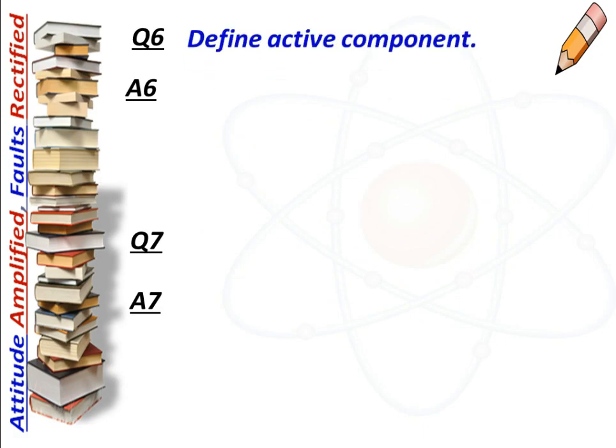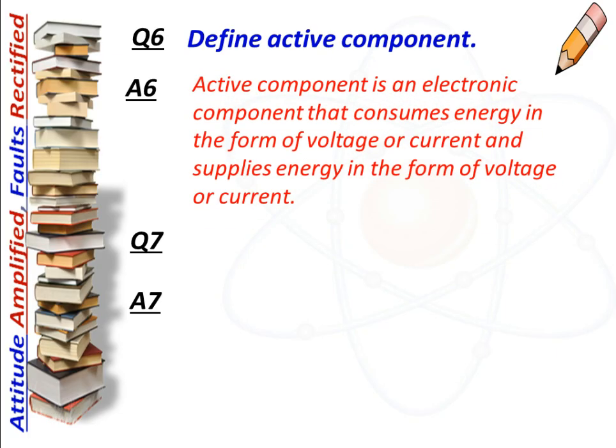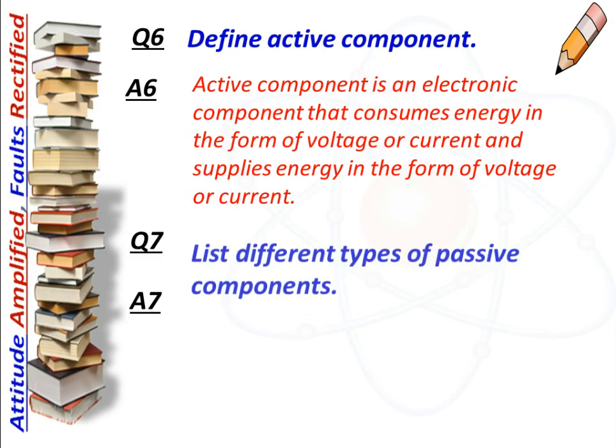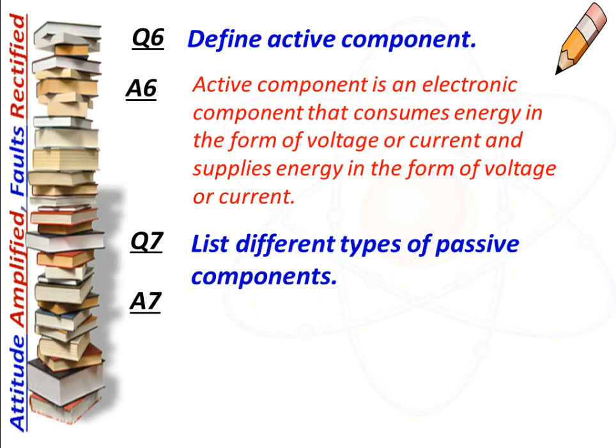Next question, define active component. An active component is an electronic component that consumes energy in the form of voltage or current and supplies energy in the form of voltage or current. Next question is, list different types of passive components.